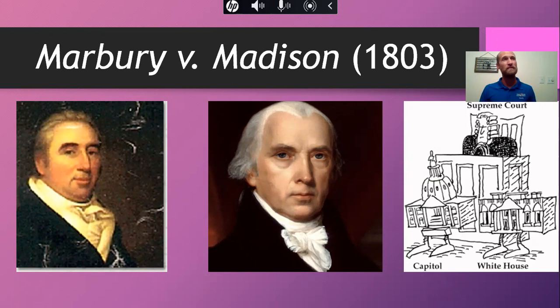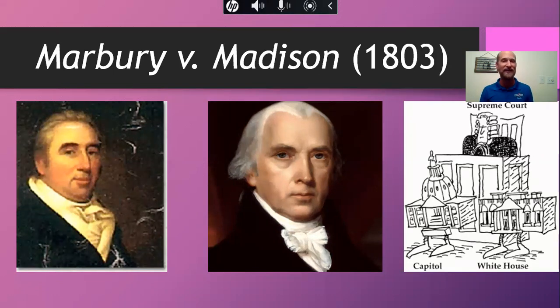The Supreme Court actually started to side with Marbury in this case, saying, all right, yeah, we do think you deserve your appointment, but upon further review, the Chief Justice, John Marshall, decided that part of the Judiciary Act actually went against the Constitution.